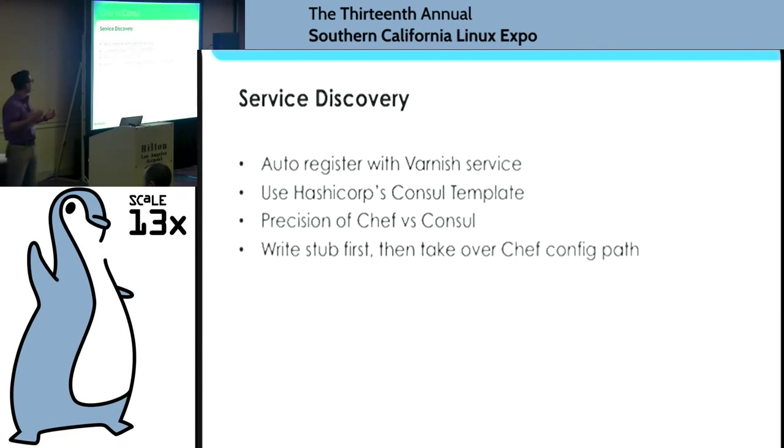So the question is Chef versus Consul, right? Do they go together? Is it one or another? We use both, because you may want to lay down some things with Chef and get that bootstrap to happen. And then if you're saying, well, should we really go to Consul? You can install the Consul agents. You can get that running and just have it write a stub file, right?